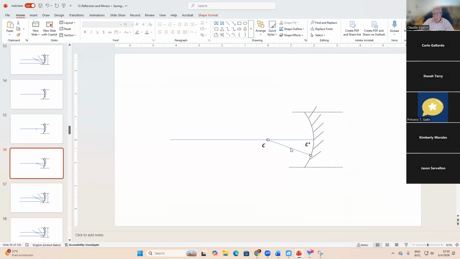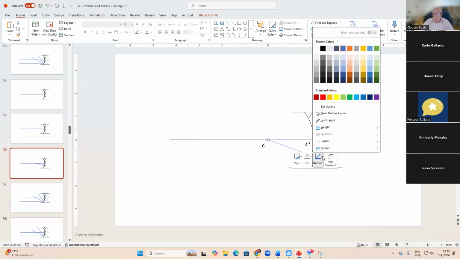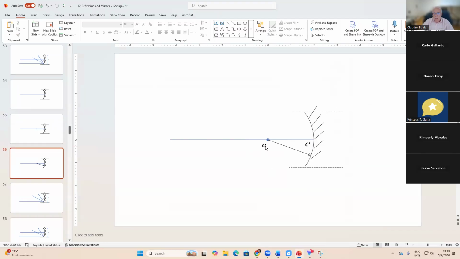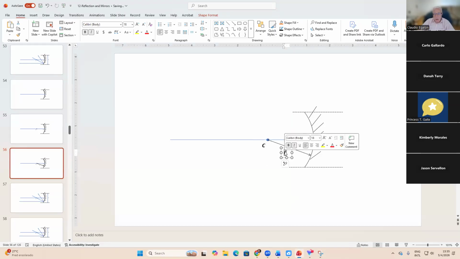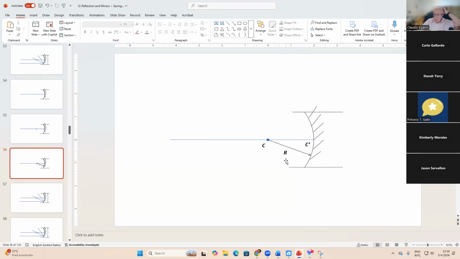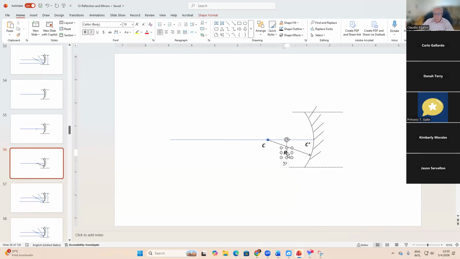This one? Yep. Here you go. That's the radius of curvature of the mirror. CC prime is what I called before R, right? CC prime is equal to R. R is equal to CC prime.